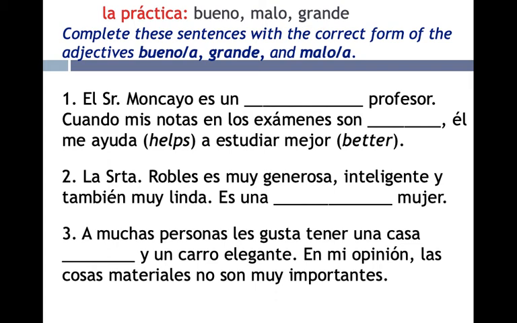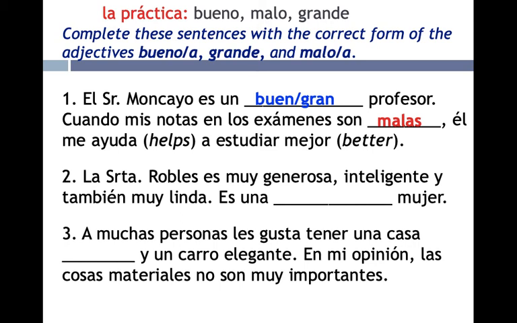So número uno, fill in the blank. El señor Moncayo es un buen or gran profesor. Remember, both of those truncate, they shorten. He's a good teacher. He is a grand teacher. Cuando mis notas en los exámenes son malas, when they're poor, he helps me to study better.